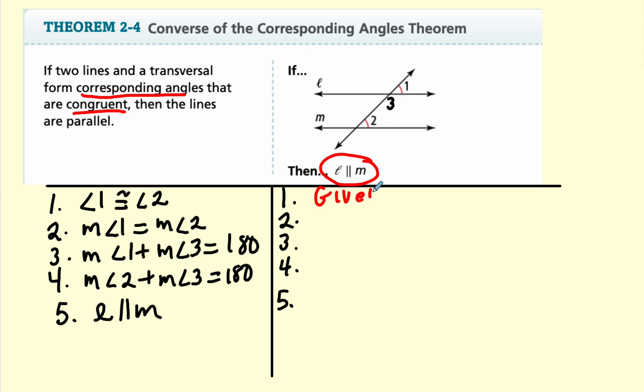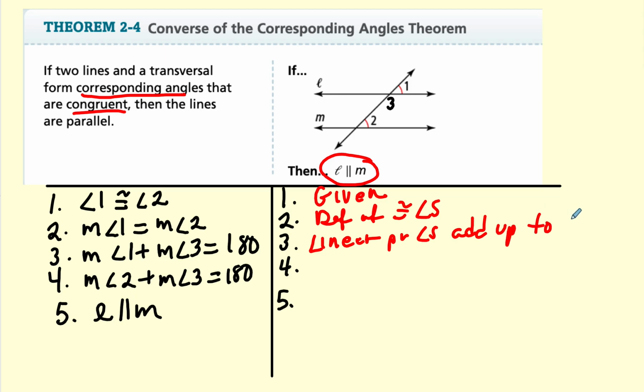I am going to change that into equality, so definition of congruent angles. I notice that angle 1 and angle 3 have to add up to 180 because linear pair angles add up to 180. We had a theorem that said that.